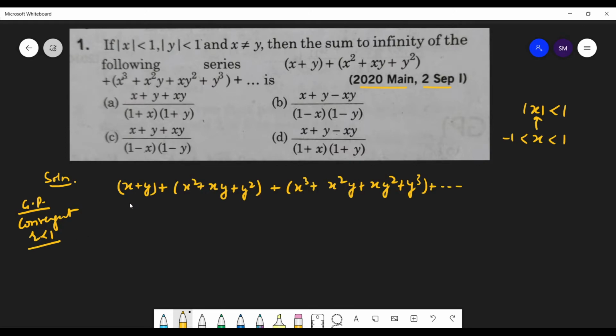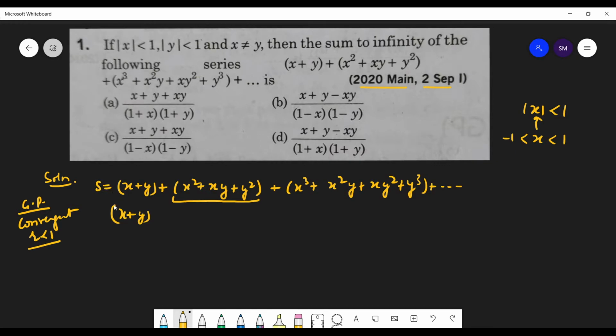So this is x plus y. Students, what can you do with these terms?